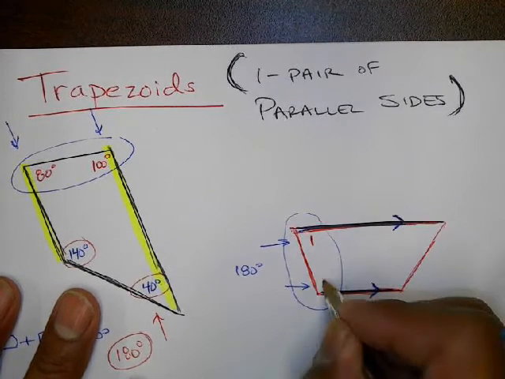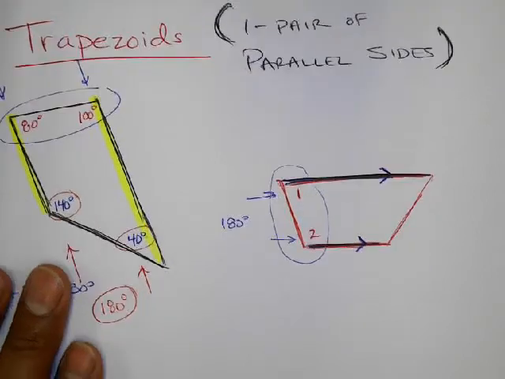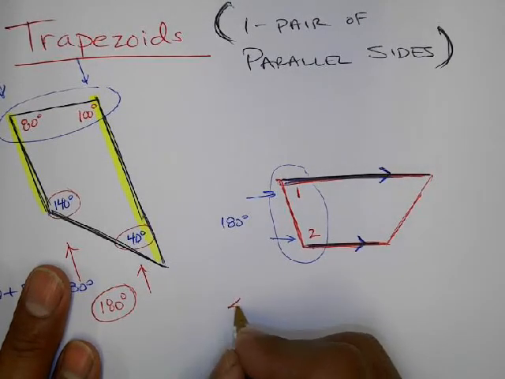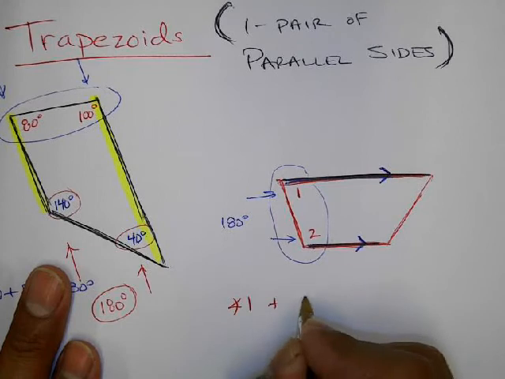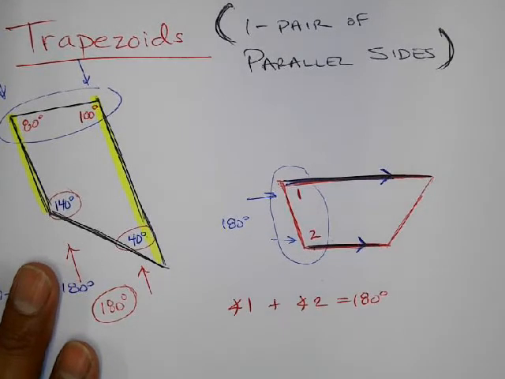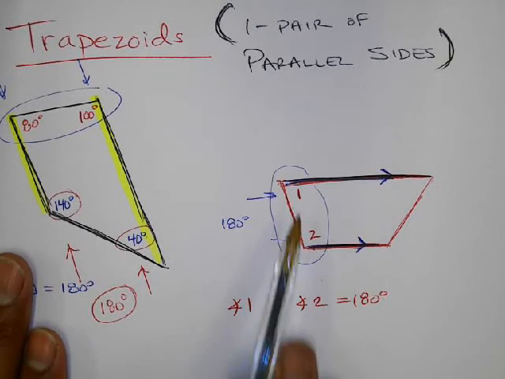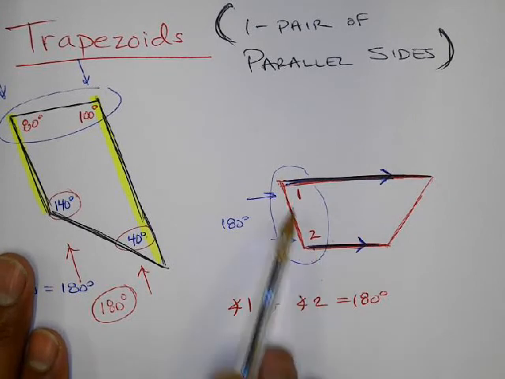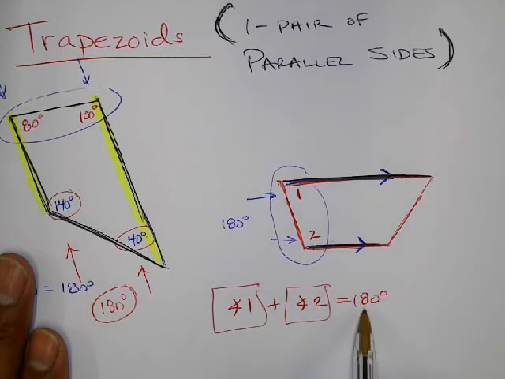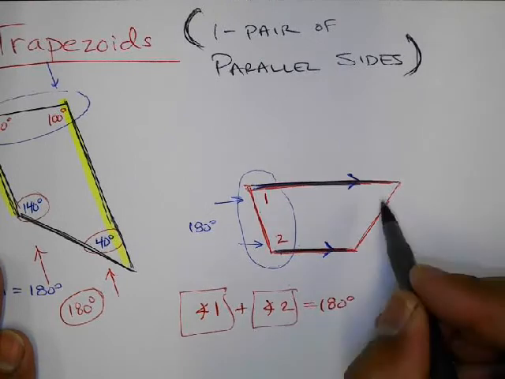So if I were to write an expression, let's say this is angle 1 and this is angle 2, I'm sorry, not an expression, an equation, you would be able to say, well, I don't know what angle 1 is, but angle 1 plus angle 2 is equal to 180. Because now they're going to give you not just simply numbers, they're going to give you expressions here. So you would get this one added to this one, and they add up to 180.